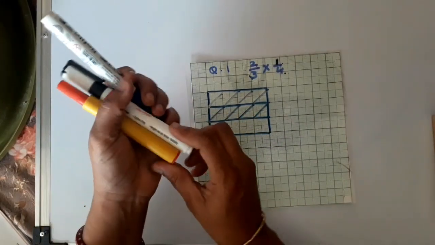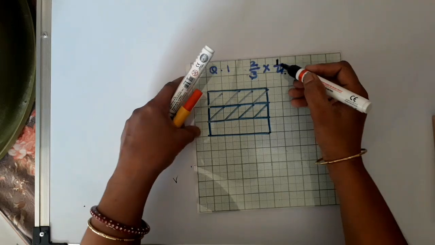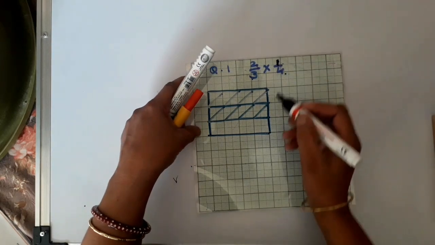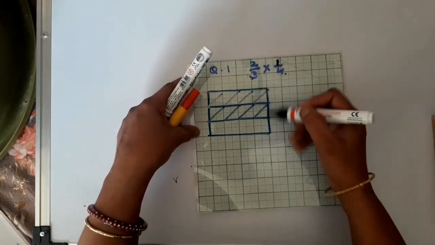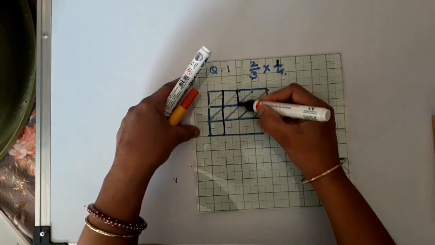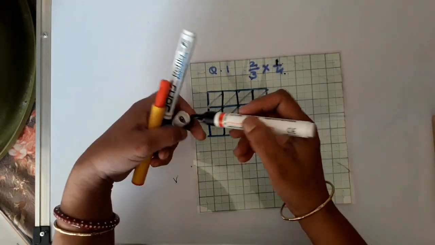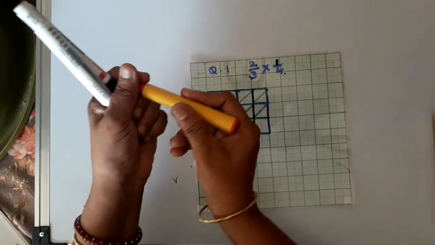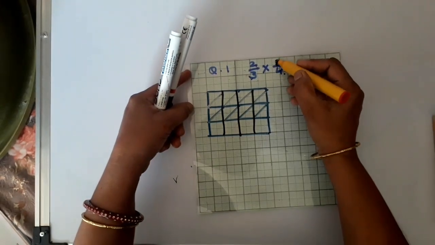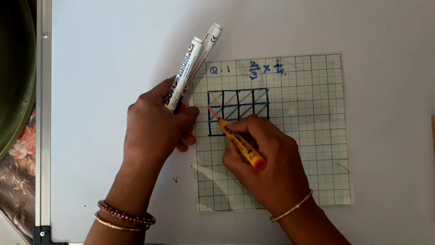Now I have to show 1 by 4, that is a thing divided into 4 equal parts. Now I will divide this thing into 4 equal parts. First part, second, third and fourth. Out of these 4 equal parts, I have to shade one part. So one of them I have shaded.